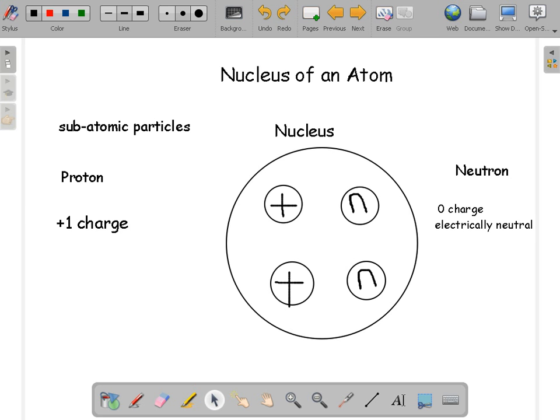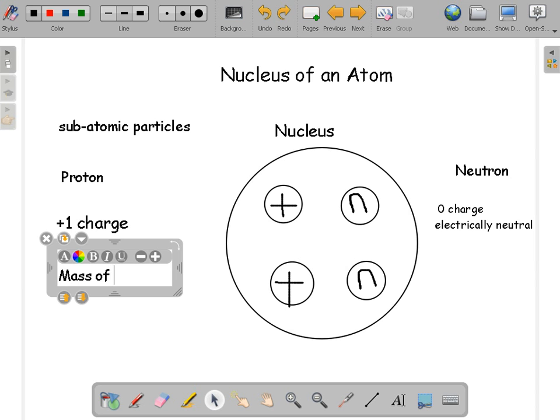Now let's talk about another property of these, which is a bit of an obvious one: whenever you have an object, it has a mass. Most of the objects on earth have mass. If you have a plastic bag, even though its mass is really tiny relative to us, it still has a mass. The mass of anything comes from the protons and neutrons. So a proton has a mass of 1.